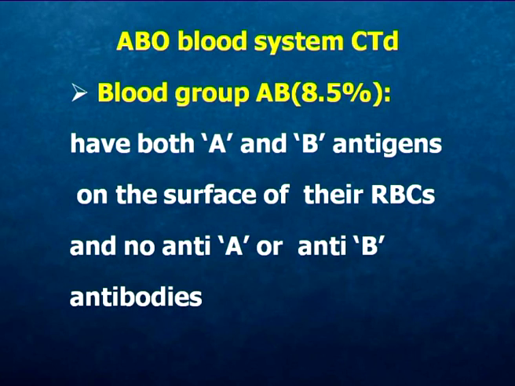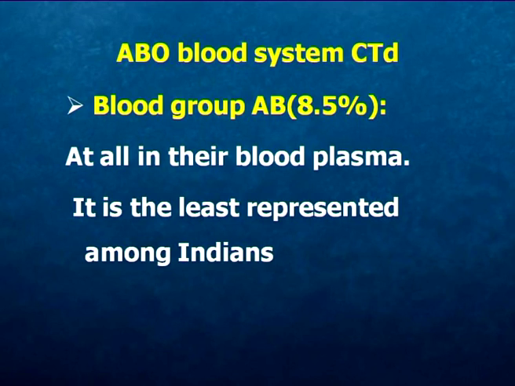Once a person possesses the two antigens on his or her RBCs, it goes without saying that the person doesn't possess the respective antibodies, anti-A and anti-B, in his or her plasma. And as it is only 8.5% of our population, it is referred to as the least represented blood group among Indians.